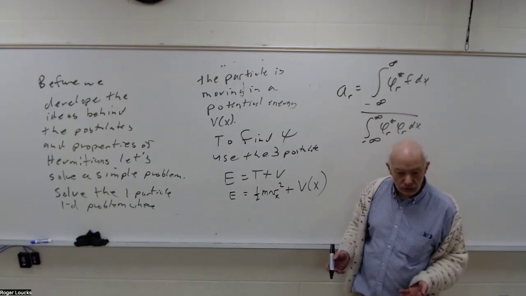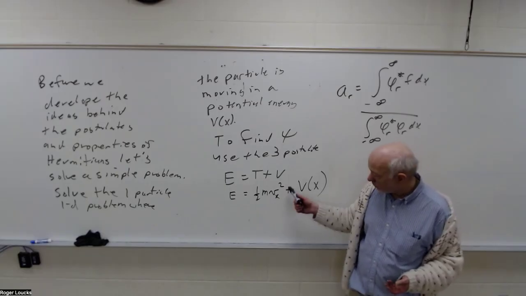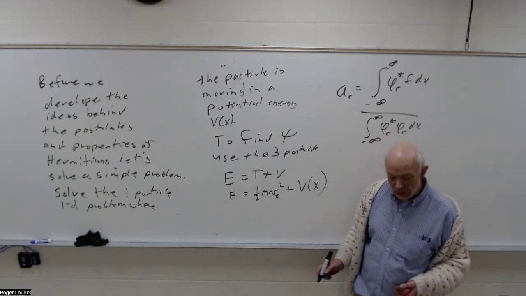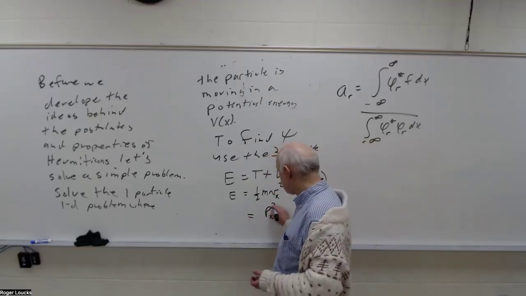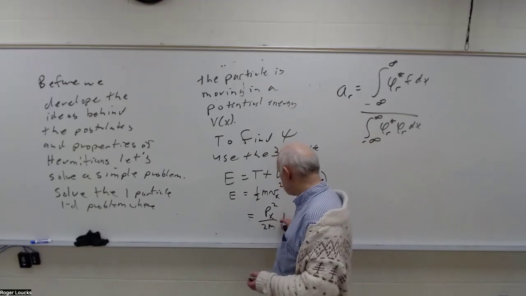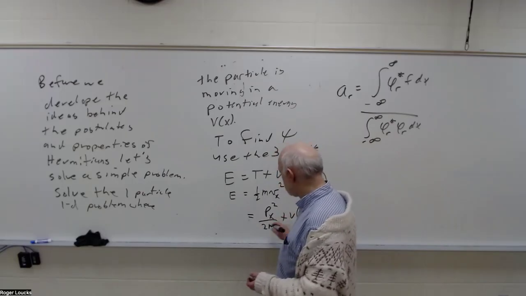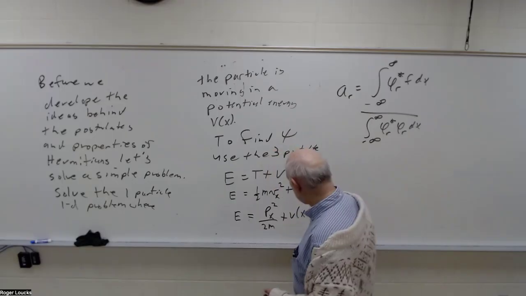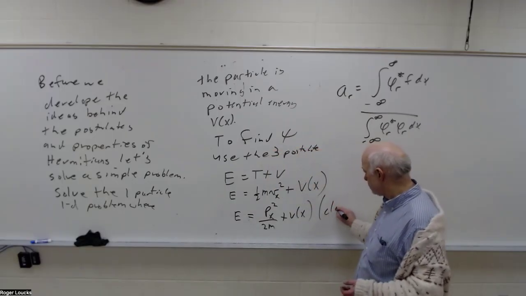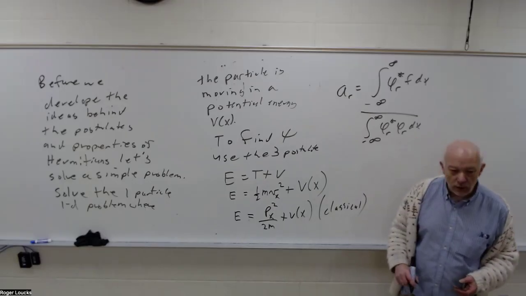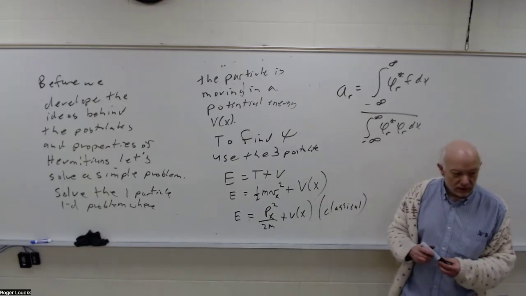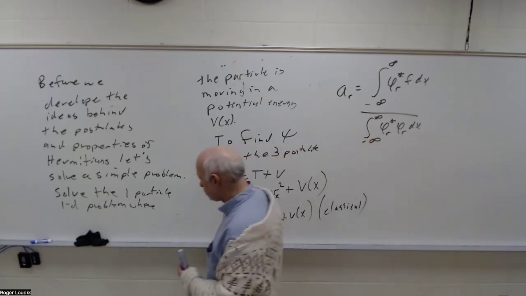So what's our standard trick here? Yeah, we multiply the top and bottom by mass, and that gives us p_x squared over 2m plus V(x) here. So this is entirely classical. Okay, how do we make it quantum mechanical?